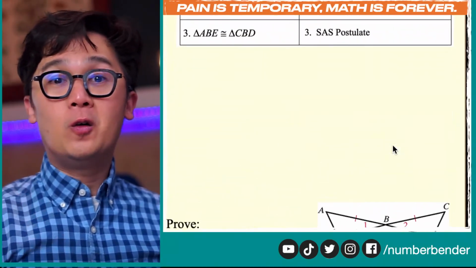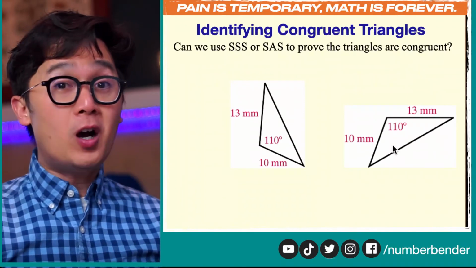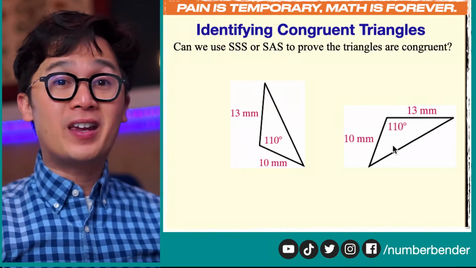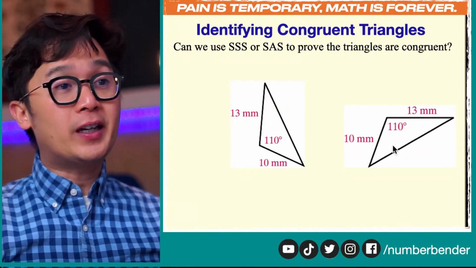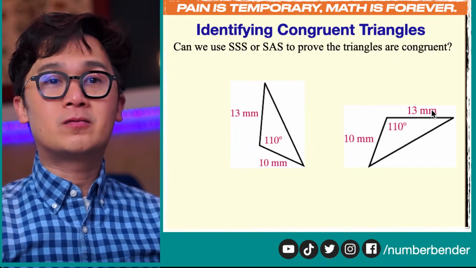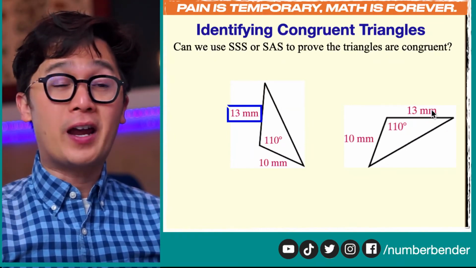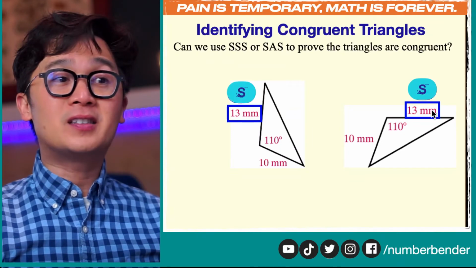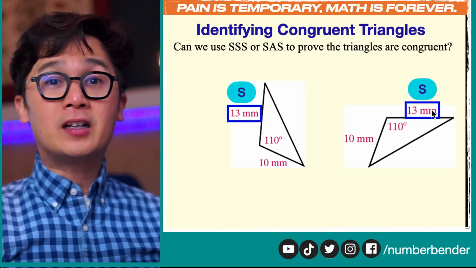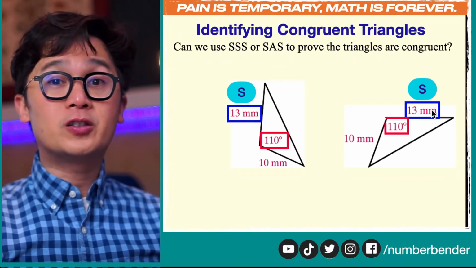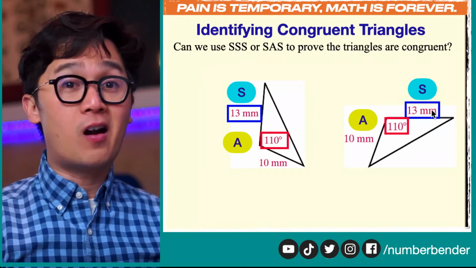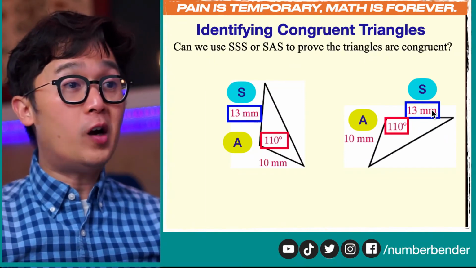Now that we know how to use our postulates, let's identify congruent triangles based on their given angles and sides. So here we are seeing that this side is congruent to this side of this triangle. So we can mark that these sides are congruent and also corresponding. The included angle, which is 110 degrees, is also included on the other triangle. So therefore, those angles are congruent and also corresponding.